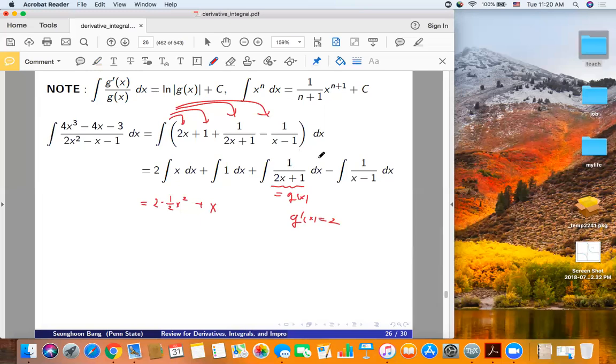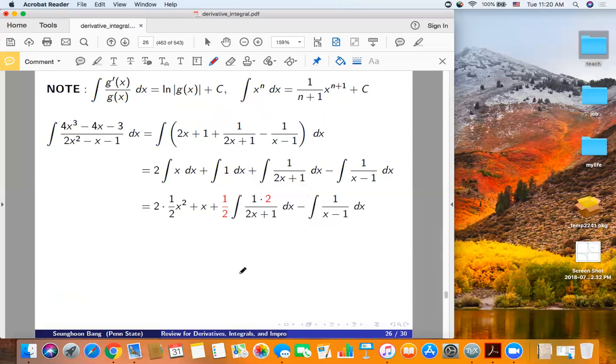Here, the integral of 1 over 2x plus 1 dx. Multiply by 2 and divide by 2. This is a whole idea, right? You can change this one like this.